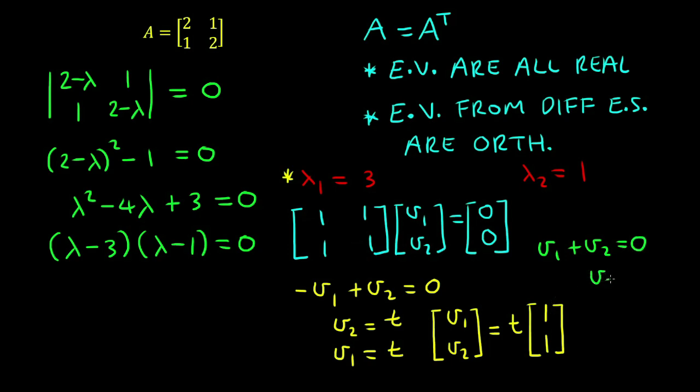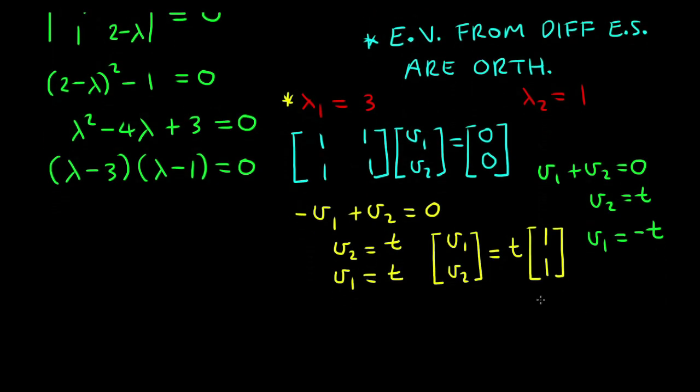If we set v2 as a parameter t, then we get v1 is minus t. So each eigenvector in the eigenspace corresponding to lambda 2 can be written as t multiplied by the basis vector with components minus 1 and 1.